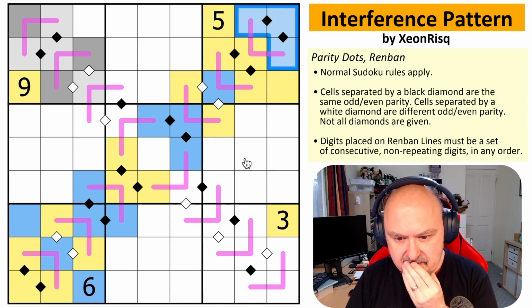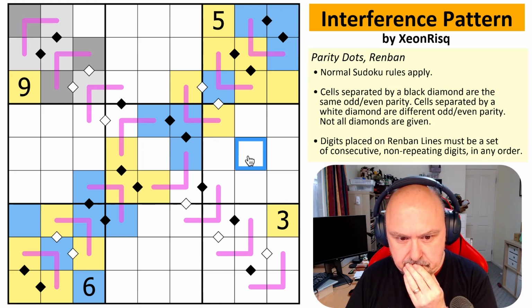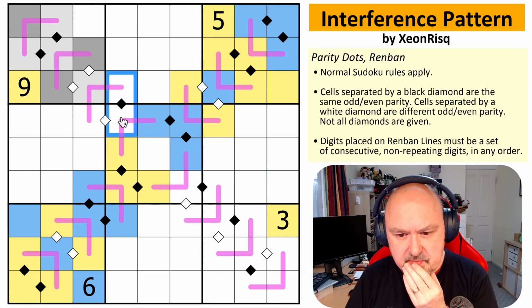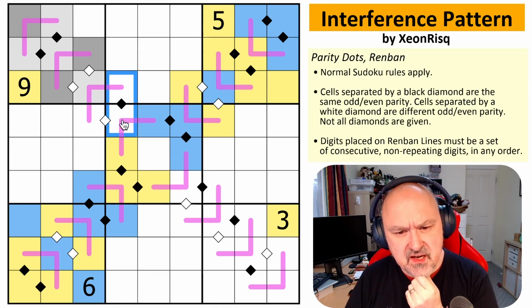Now, what comes next? Now, these would be the same, and this would be different. These would be the same.